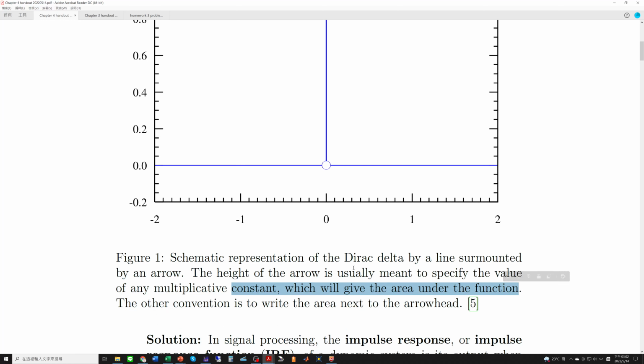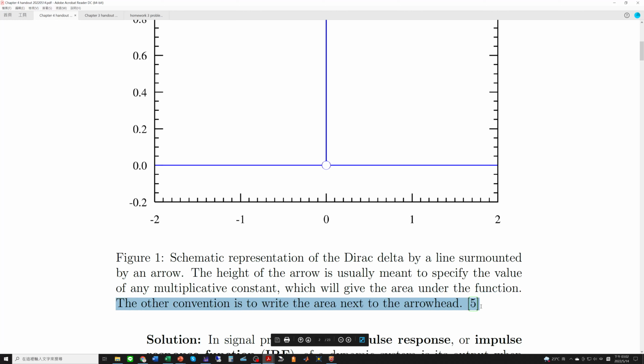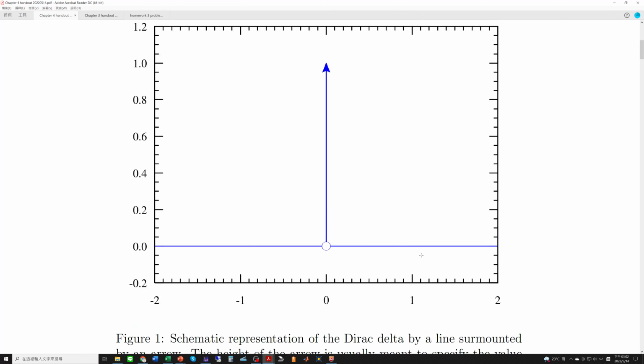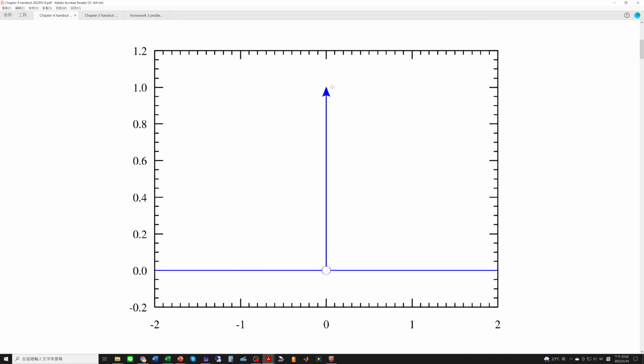Usually if we are talking about the unit impulse, the area under the function will be 1. The other convention is to write the area next to the arrowhead. For example, we can write 1 beside the arrowhead.